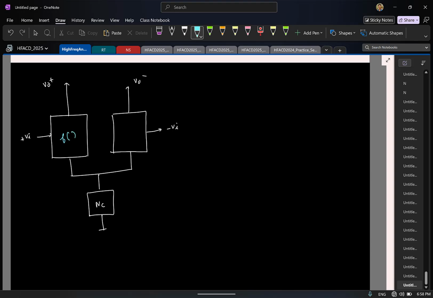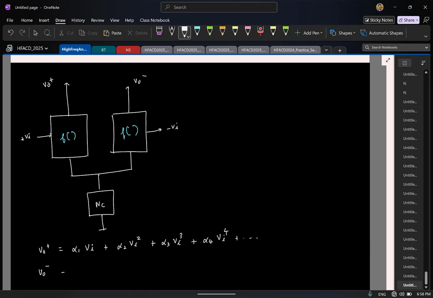And as usual, the half circuits are nonlinear. So if I try to find the output on the positive side, it's going to be alpha 1 times Vi, alpha 2 times Vi square, alpha 3 times Vi cube, alpha 4 times Vi power 4, and so on.